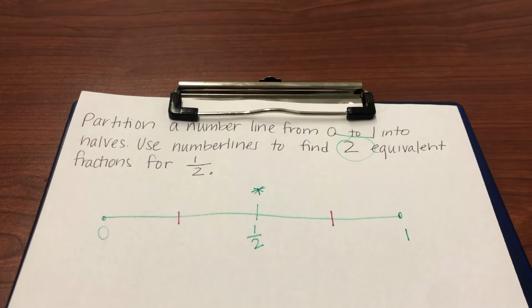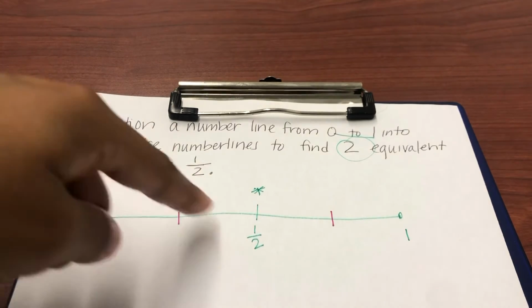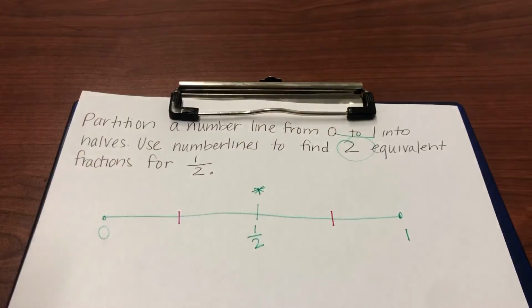So now I have to think, what is my new equivalent fraction and why? I have 1, 2, 3, 4 parts in one whole, which means I just made fourths. Now I want to label it to see what equivalent fraction I just made.